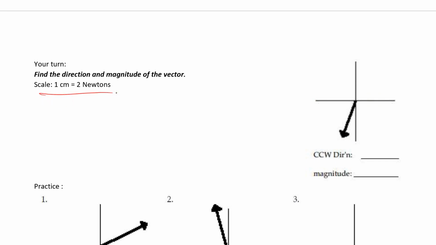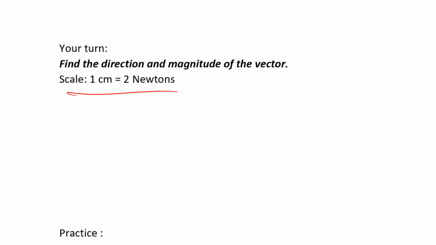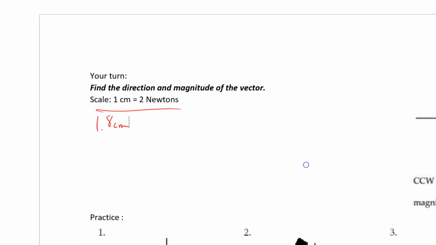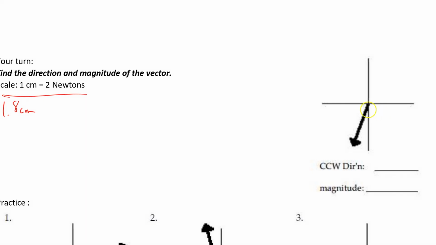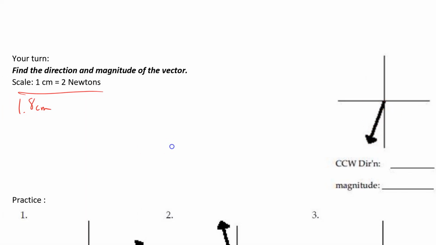So the first thing is to get your ruler out and measure the length of that arrow. And I apologize, it's kind of fuzzy, it's thick and it's not so easy to do. So take a look and measure it. When I measure it, I get approximately 1.8 centimeters. Now, that's not the magnitude of the vector, that is the length of that arrow on the page.